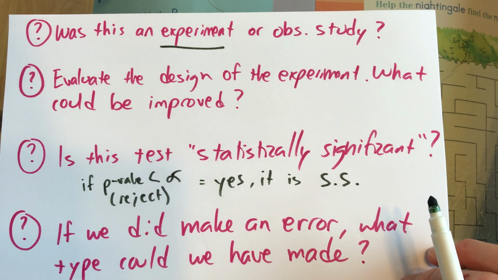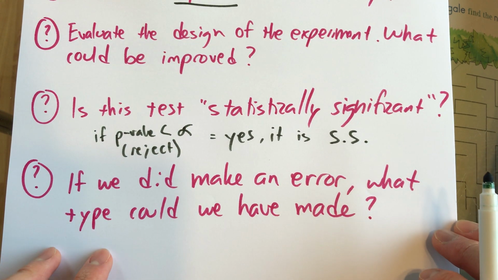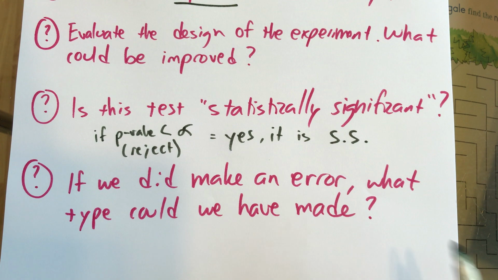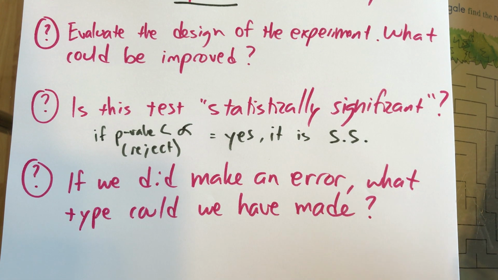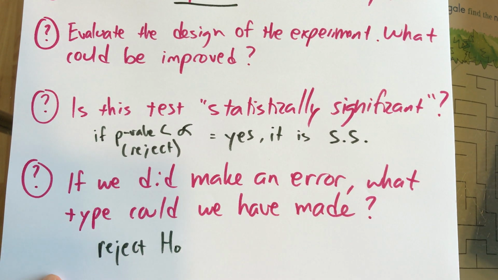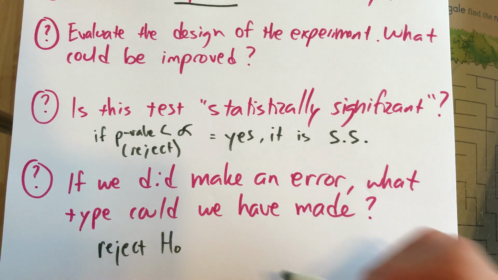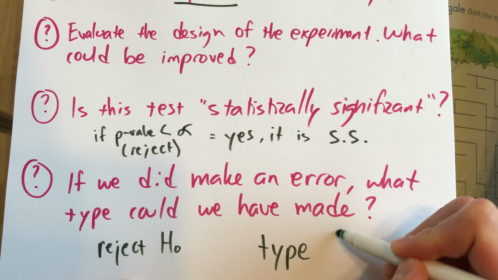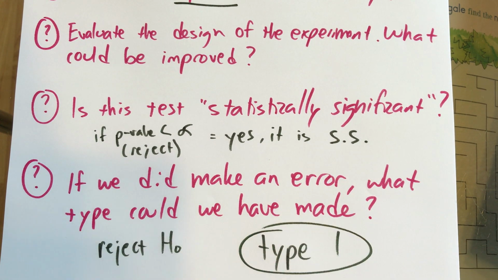Okay, so in this case, yes it is. And remember this question about type 1, type 2 errors? If we did make an error in this case, what type of error could we have made? We're not saying we made an error, but if we had, right? We rejected the null, right? So that means the only type of error we can make is type 1, right? There you go.